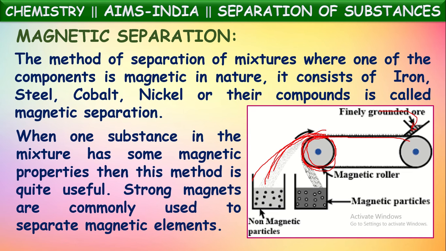The magnetic material sticks to the belt for a certain time because of the magnetic wheel, and after coming a certain distance, it is released into this other container. In this way, magnetic particles and non-magnetic particles can be separated by using the magnetic separation technique.